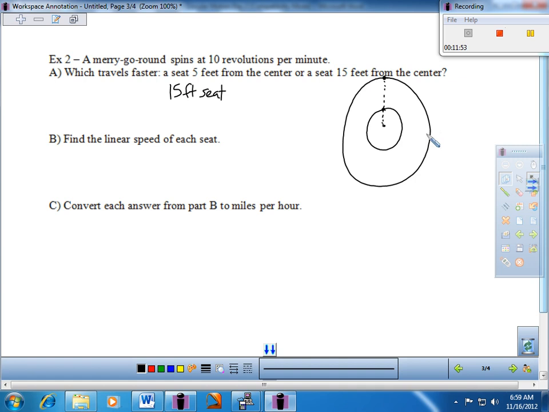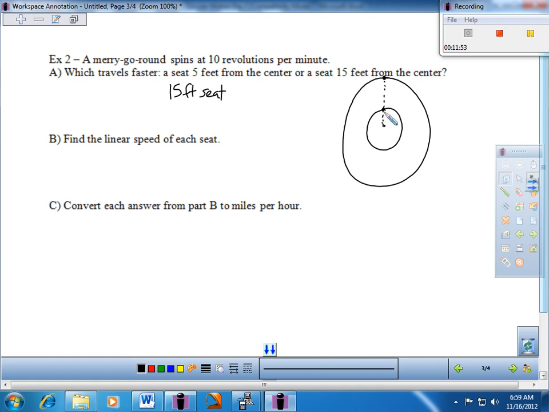Whereas this one has to travel a smaller distance in the same amount of time, so it can do that at a lower speed. So the farther it is out, the faster it's moving in circular motion.